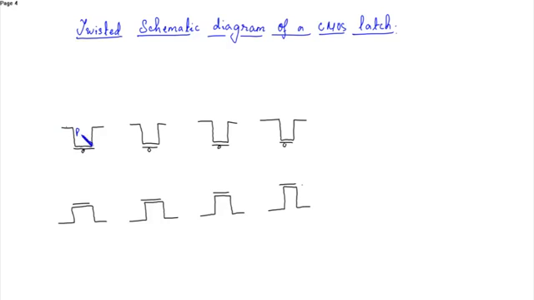So now P1, P2, P3, P4, N1, N2, N3 and N4. Now this is the source, drain.